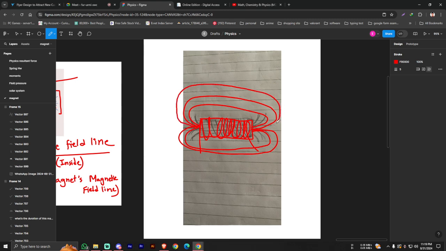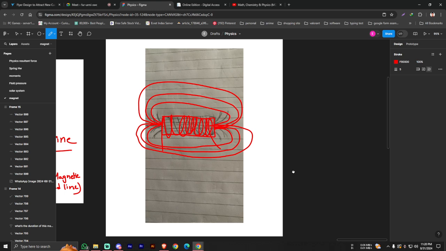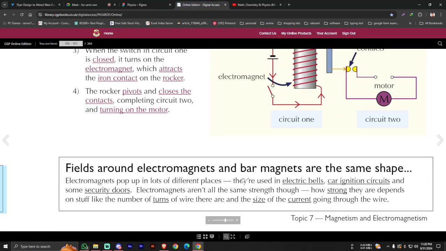See, this is the figure, complete figure. Okay, same as the bar magnet. They say in the statement right here, same as the bar magnet's field, right?